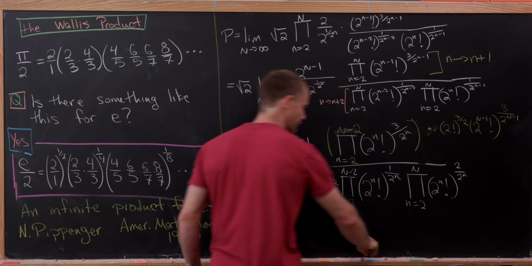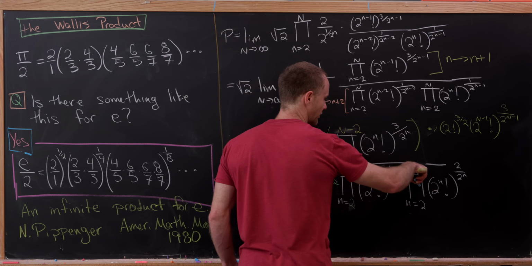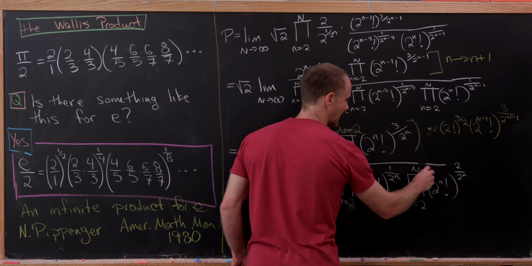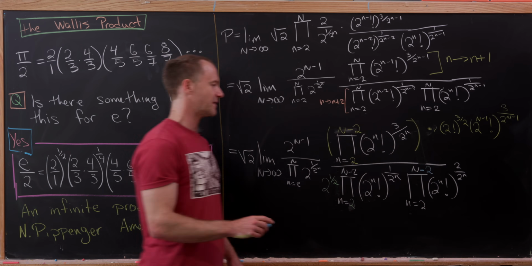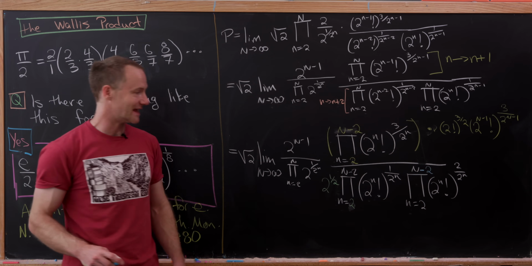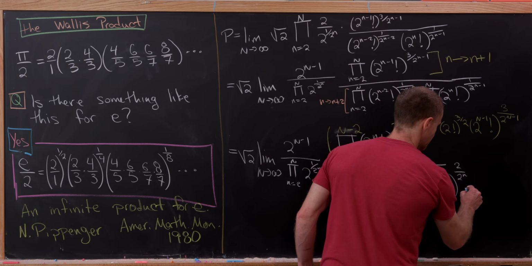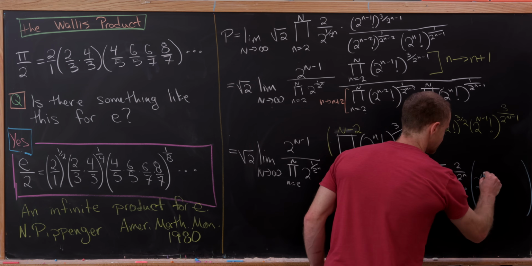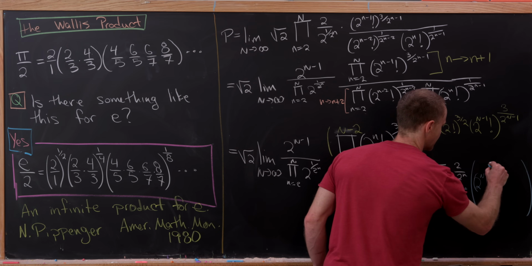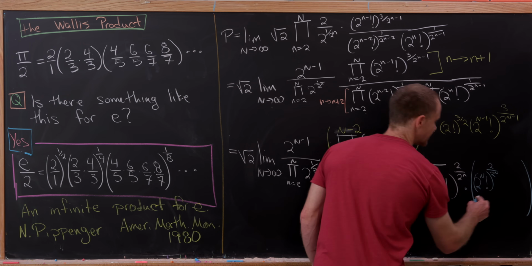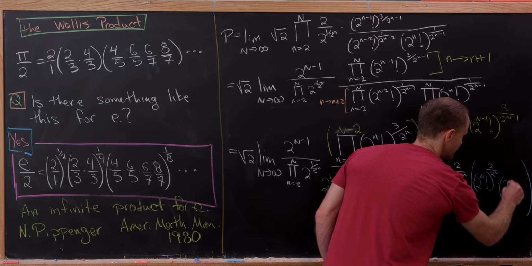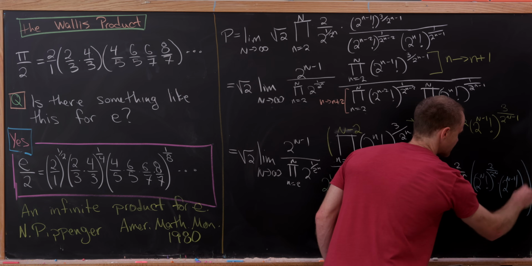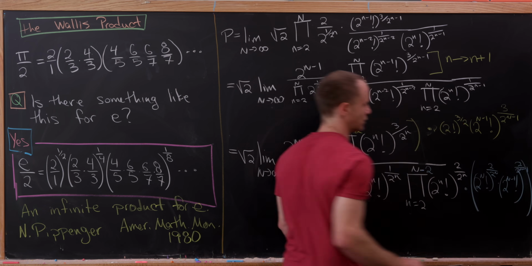And then what do we need to do over here? Here we need to pull out the capital N and the N minus 1 terms, so that this ends at n minus 2. The Nth term is 2 to the power N factorial, and then 2 over 2 to the N factorial, and then we'll have 2 to the N minus 1 factorial, and then 2 over 2 to the N minus 1 factorial.